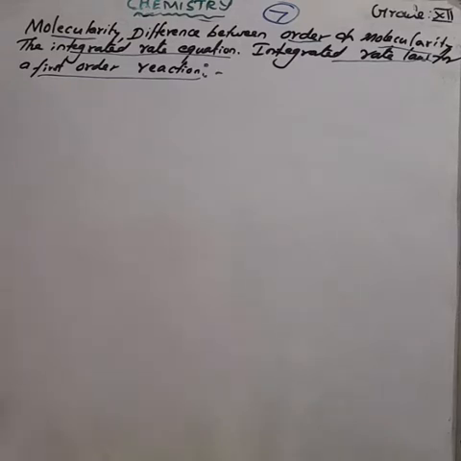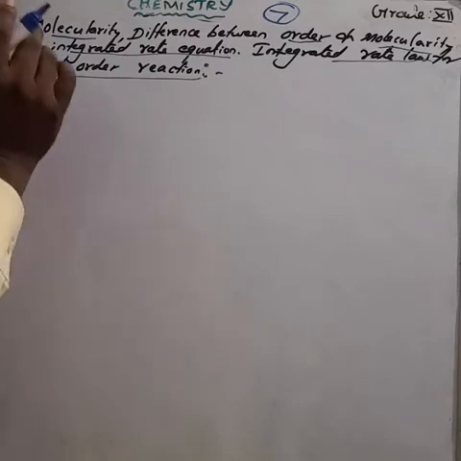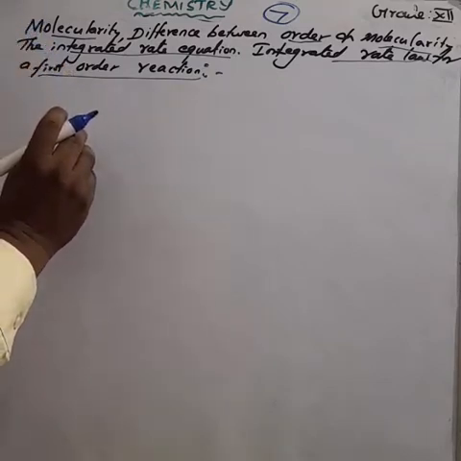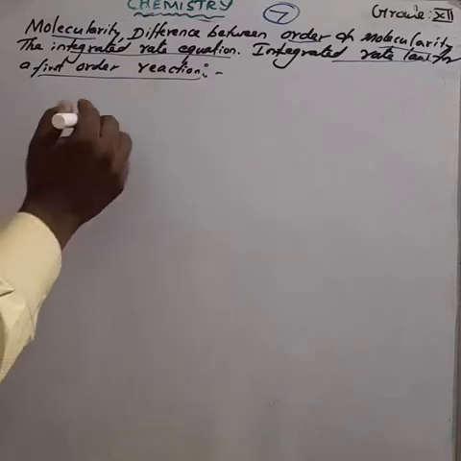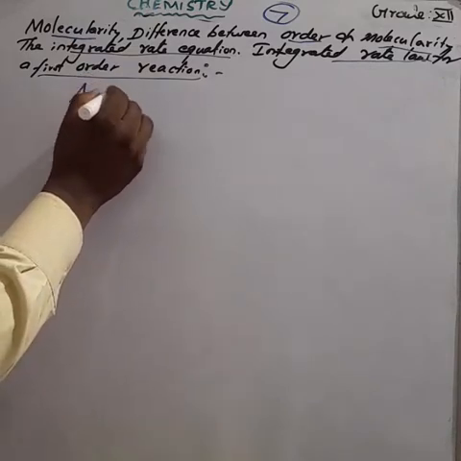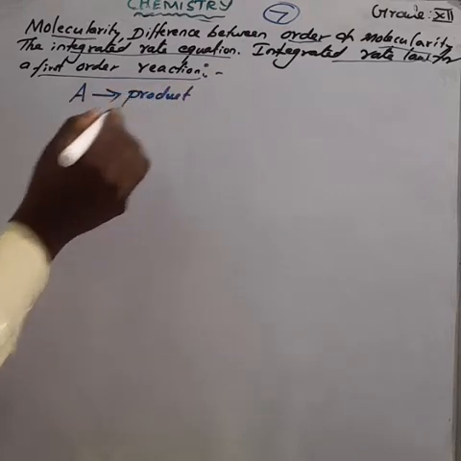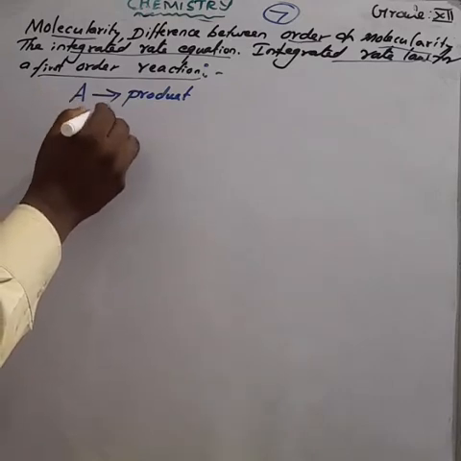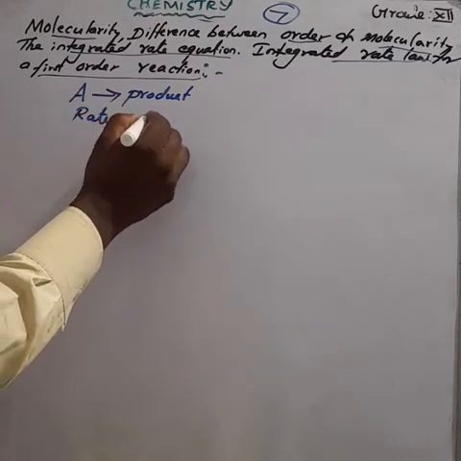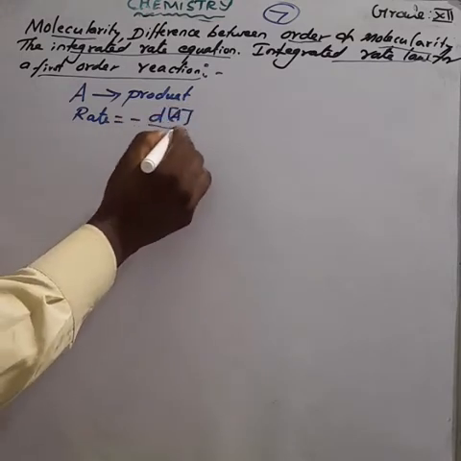We already learned that the rate of change of concentration of the reactant is directly proportional to the concentration of the reactant. That is, A gives the product. How will you write the rate law of this equation? Rate is equal to minus d[A] divided by dt.